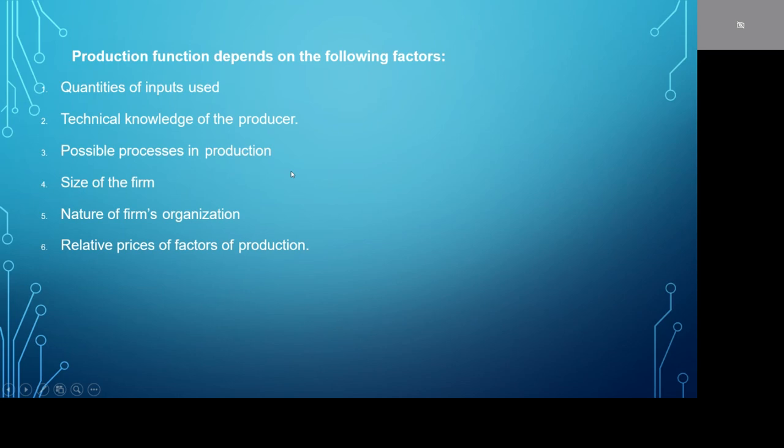Production function is expressed in three ways: in tabular form, in graphical form, and in algebraic form. Finally, we discussed the factors affecting the production function.